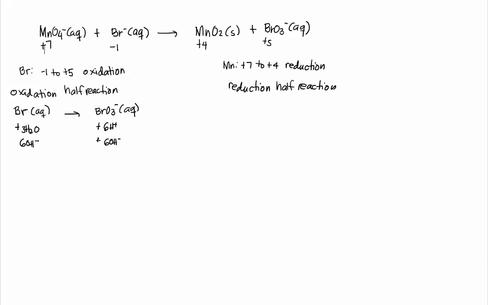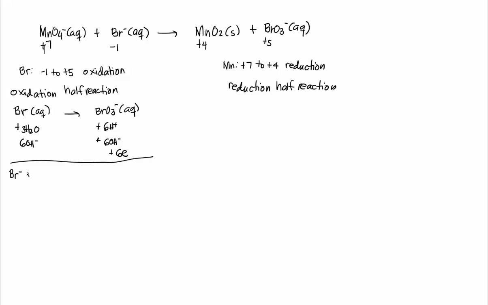And finally, the charges on the left side, negative 1 minus 6, negative 7 versus negative 1. So we need to add 6 electrons on the right side. So we have negative 7 on the right and negative 7 on the left. Okay, now add up the left and the right.